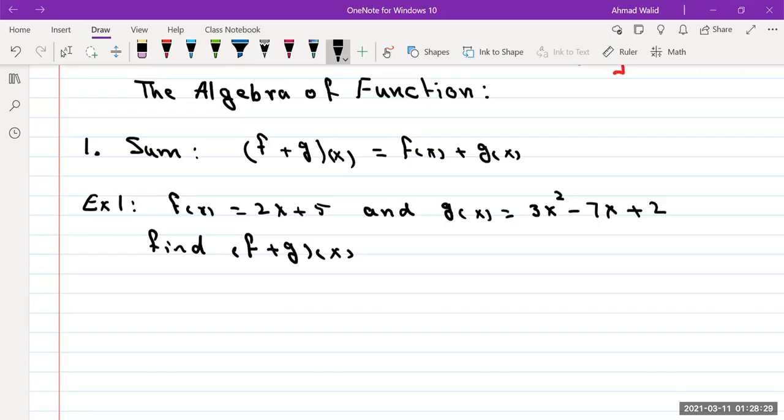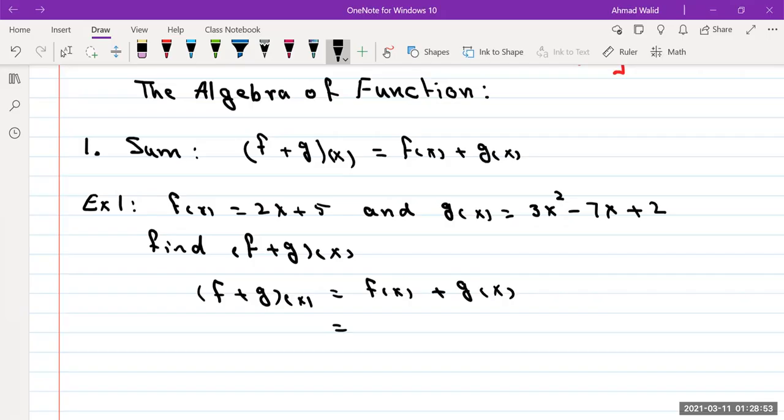To be honest, on the test day, if I bring one of these problems for you, it's kind of free points for you. You will do this problem in a second, right? I know that f plus g of x means f of x plus what? g of x.